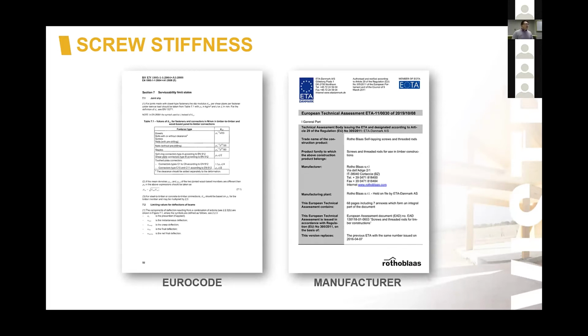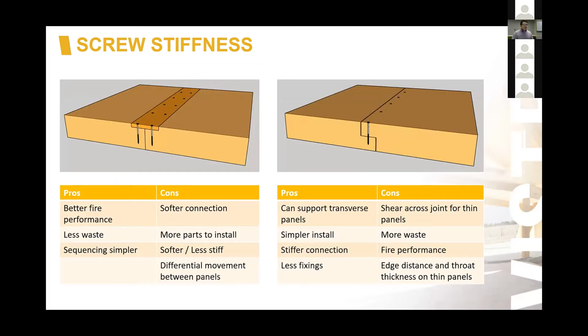So when it comes to screw stiffness, particularly within floor joints and CLT panels, there's a number of ways you can connect them, but these are the 2 most common ways. And number 1 on the left-hand side is spline plates. So those are additional strips of timber that are laid inside a rebate and then screwed down into the CLT panels, and they tie the panels together.